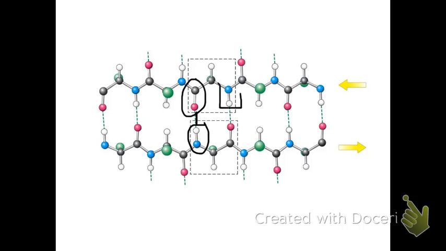Same thing here: the peptide bond of another, and we form these hydrogen bonds. That creates a very strong, rigid structure, but a fold nevertheless in the protein.